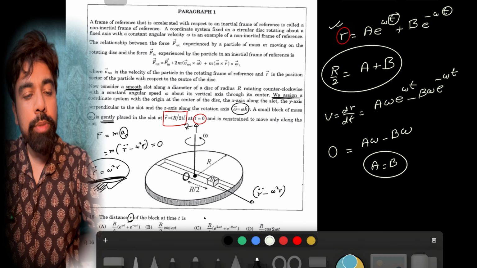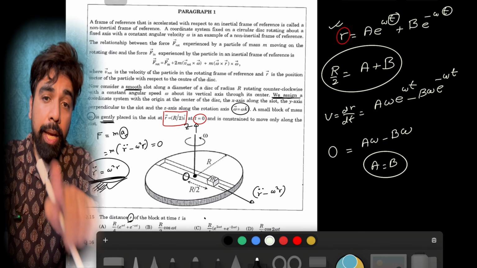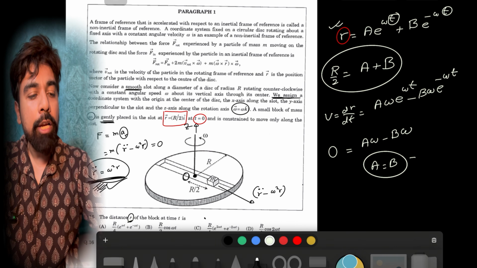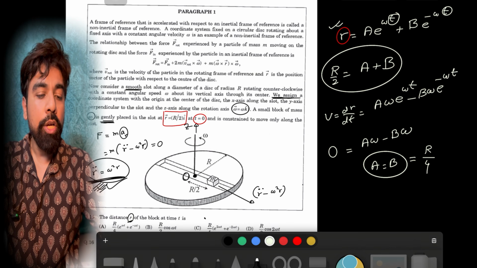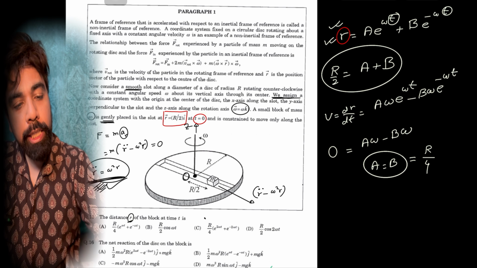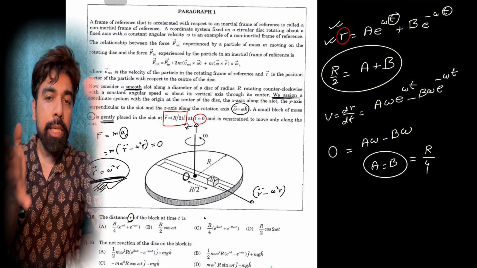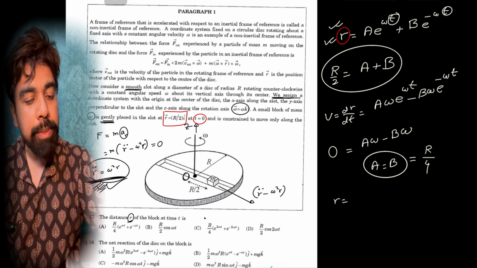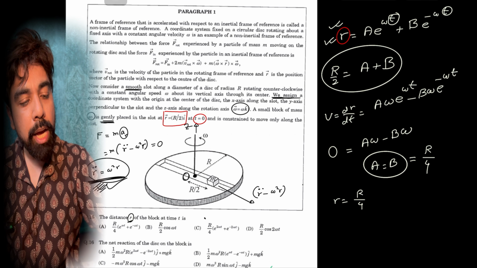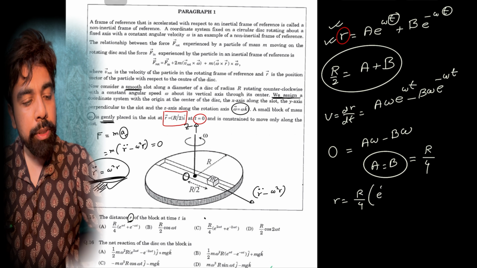But a plus b is equal to R by 2 and a is equal to b. This means the value of a equal to b becomes R by 4. So the equation of small r, which is the distance from the center of this disk, becomes R by 4 common, e to the power omega t plus e to the power minus omega t.